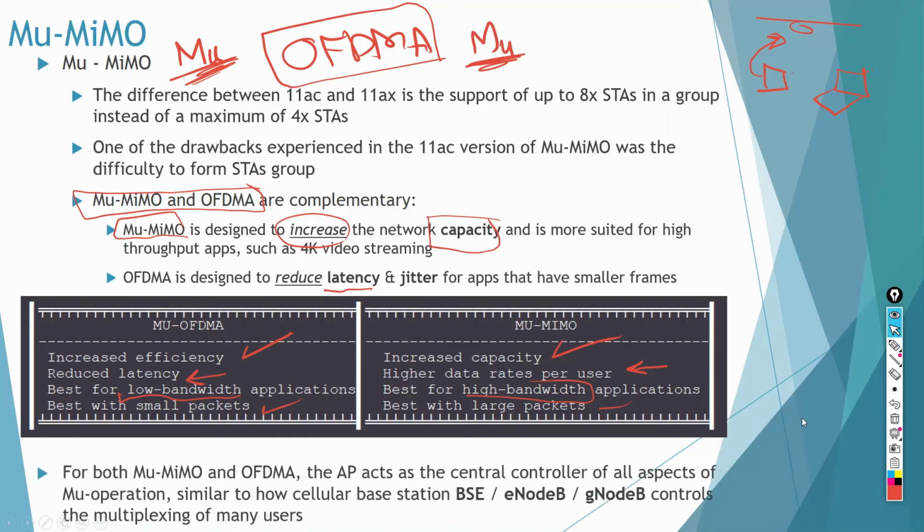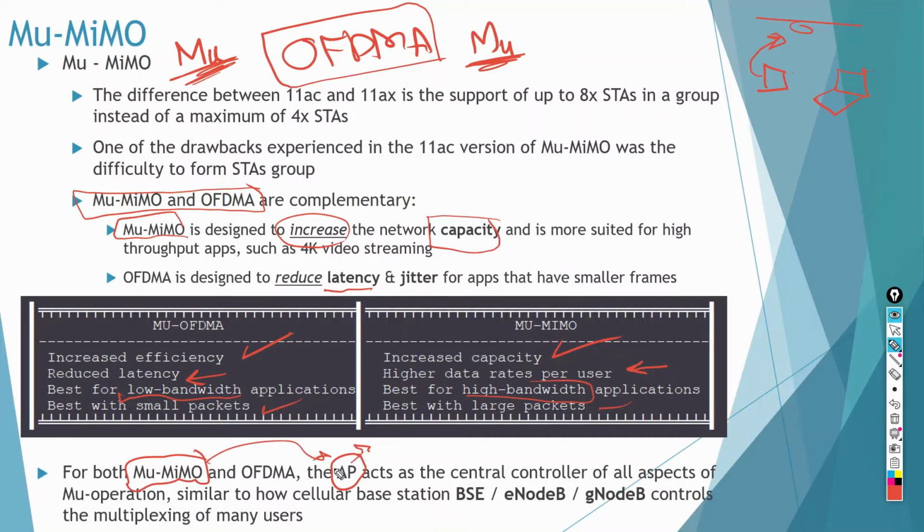Good. Now, both technologies, as we have said, are multi-user technologies. As we have discussed previously about MU-MIMO, the AP scheduler takes care of assigning the frequency resources on a per-frame basis. OFDMA will also be a function of the access point itself.